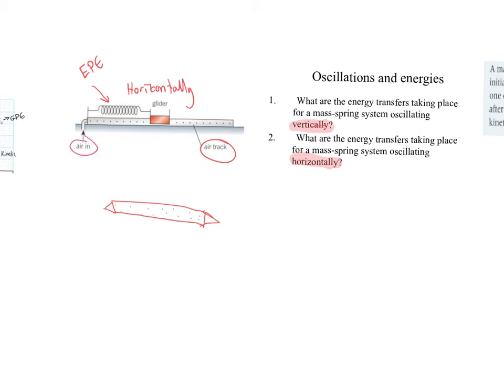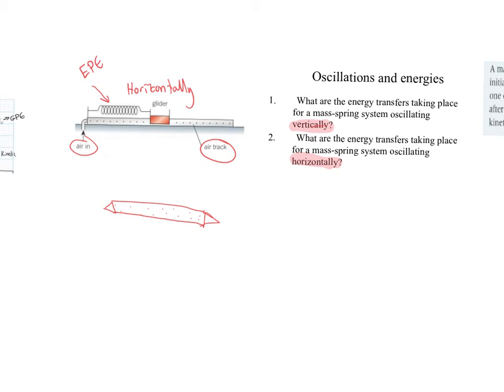So you let the air in through one end, and basically the air creates a frictionless track to test it on. So if you're ever asked in an exam question, just be aware of that. So you have, for example, the horizontal one, what you have is elastic potential energy and kinetic energy involved.